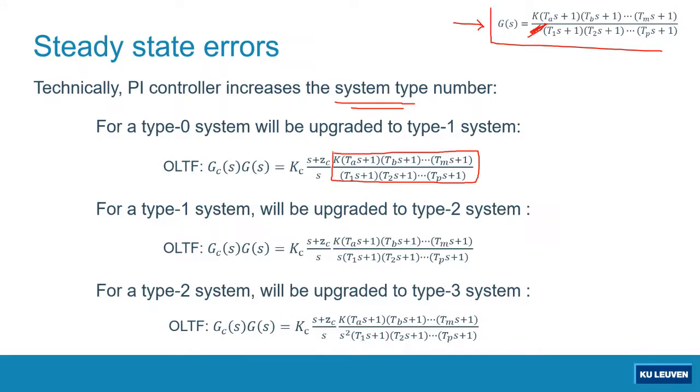But now, if I introduce a PI controller in the forward loop part in our unity feedback system, what will happen? Let me draw it again. I think at the end I have to draw it again. So if this is the system that we want to control, that basically this is this transfer function.